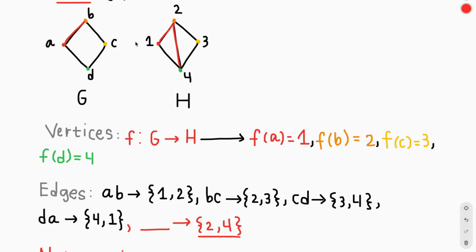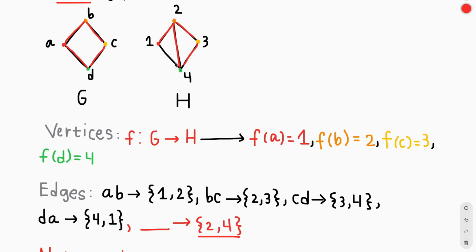And we do have that here. So if we just keep going with BC and 2, 3, CD and 3, 4, and finally DA and 4, 1, then we'll see that we can go around and we have 4 corresponding edges.